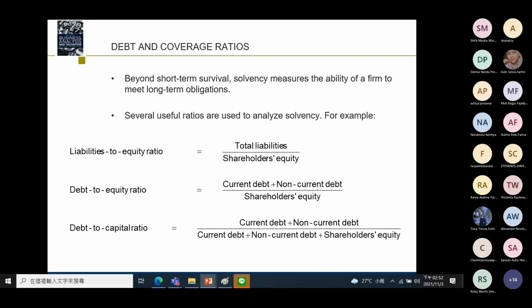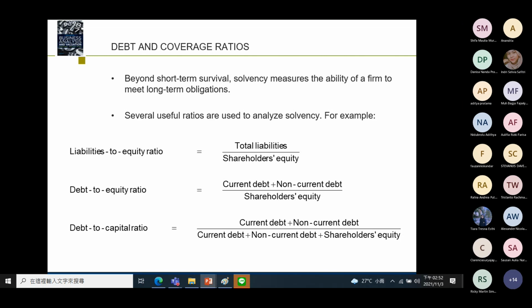There are a number of ratios that help the analyst evaluate the mix of debt and equity in a firm's capital structure. The following ratios are useful: the liability to equity ratio, debt to equity ratio, and debt to capital ratio.